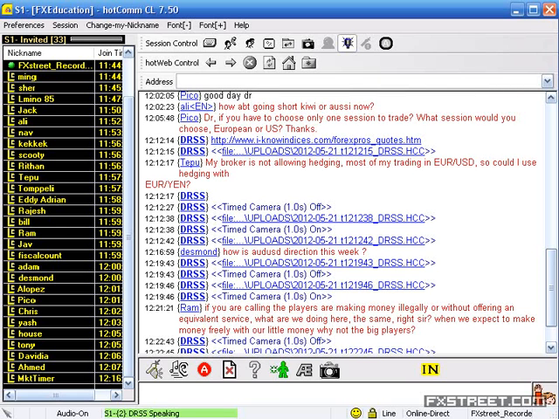If we have to choose only one session to trade, which session would it be? Okay, now there are 3 sessions, Japanese, European and US, and most of the time you will come across good activities during the European session.